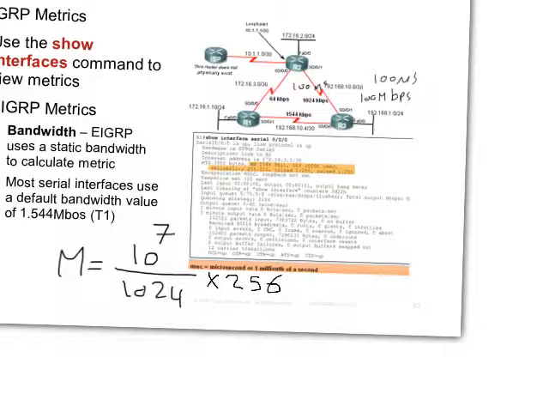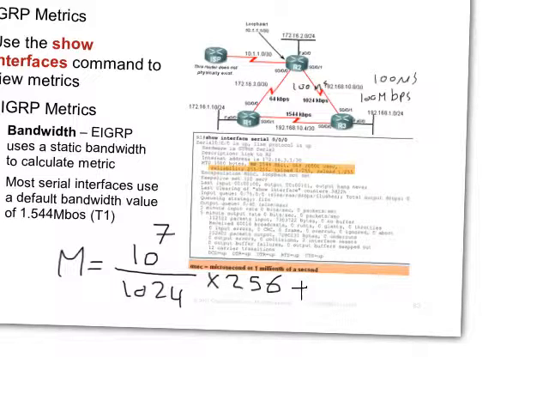So here we have two hops. We have two networks we have to go through. This is one network, and that's the other network. The first network has a delay of 100 microseconds. The way we calculate the delay is as follows. The delay is the reverse of the bandwidth.